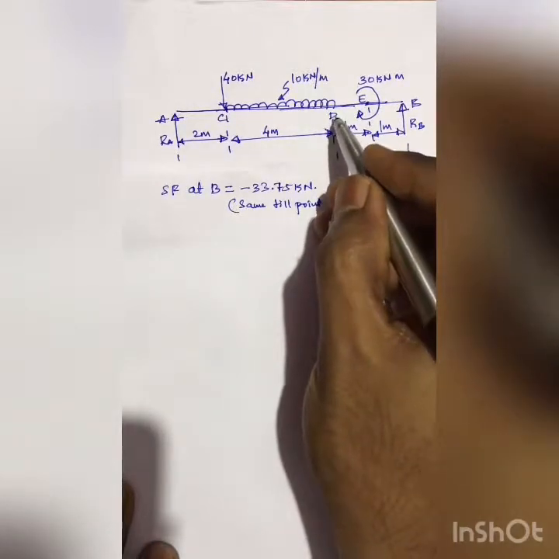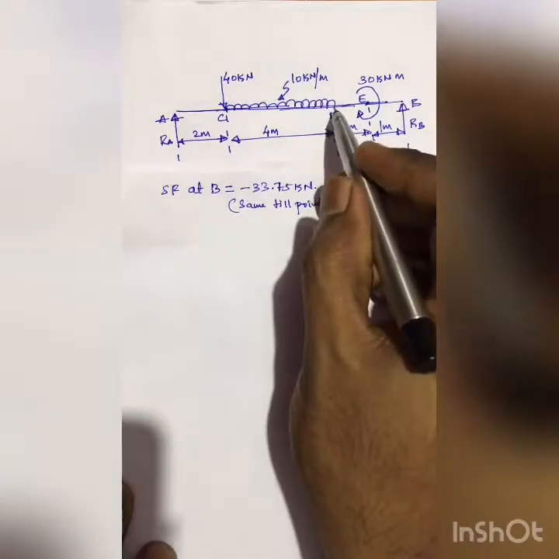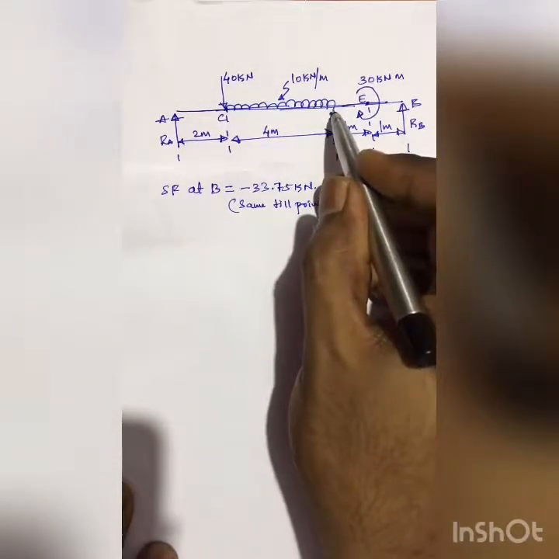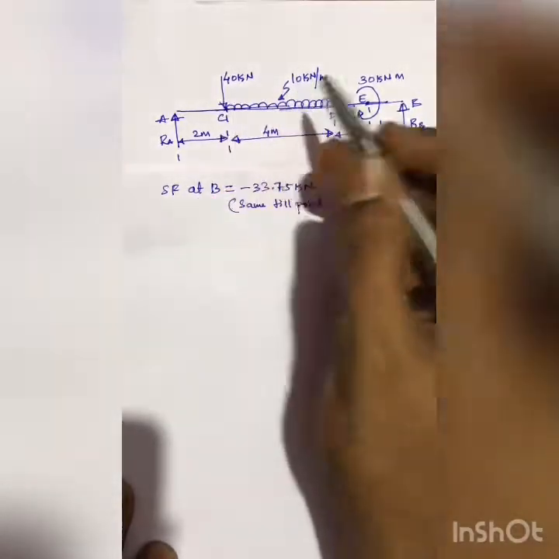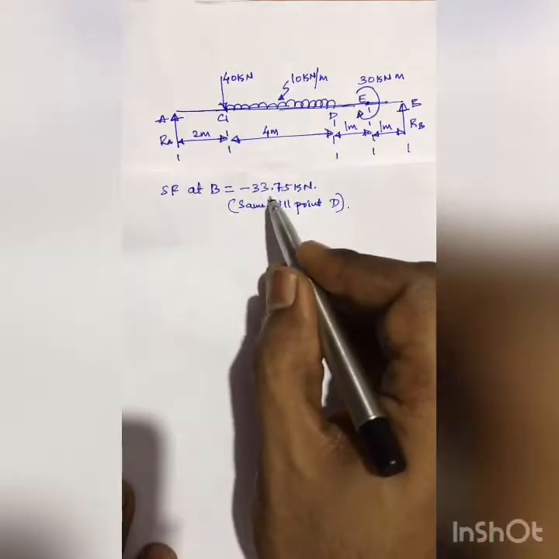At point D we have a UDL starting from point D to point C, and hence the shear force here will increase as an inclined line from D to C. So till D the shear force will remain the same, that is minus 33.75.